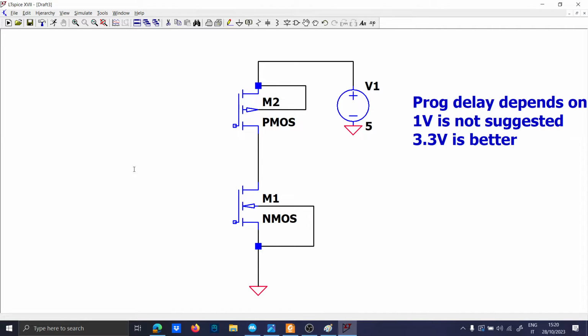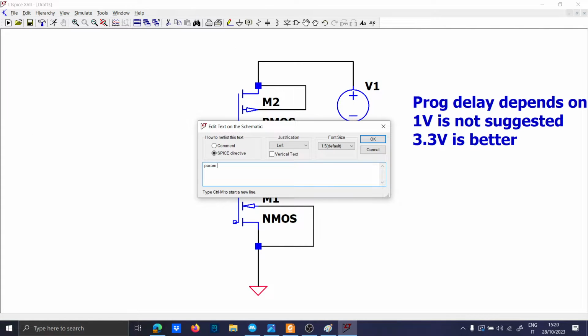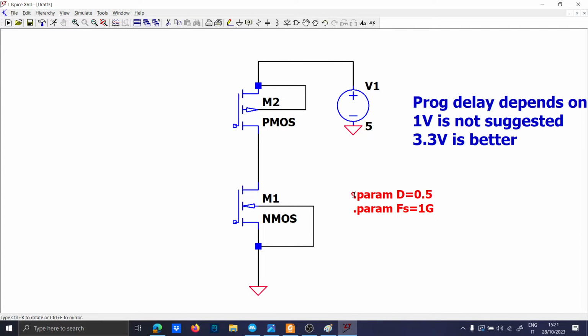And now let's use a pulse, .param D equal to 0.5. Since we are in the digital domain, we can even say that the switching frequency is 1 GHz, and we could not be so wrong about it, because it is a speed which can really happen.